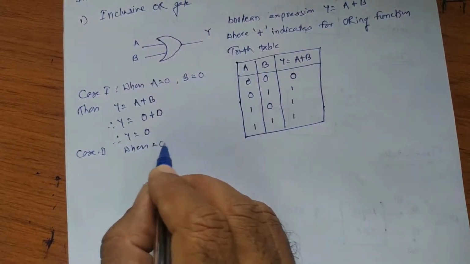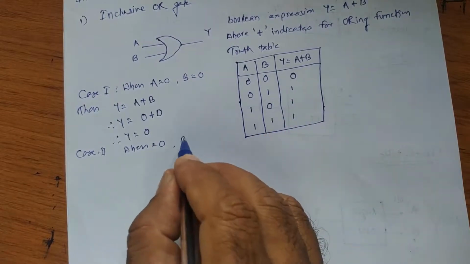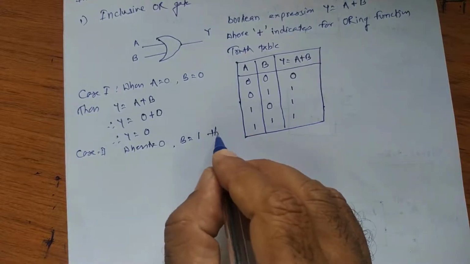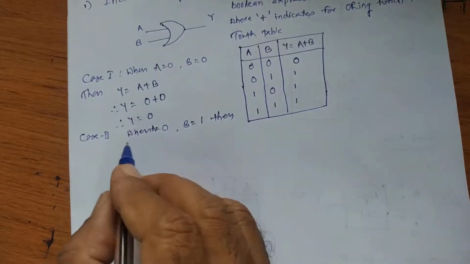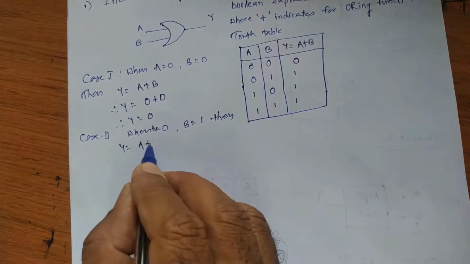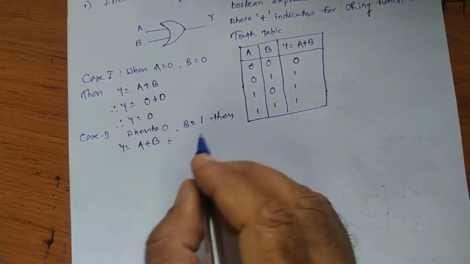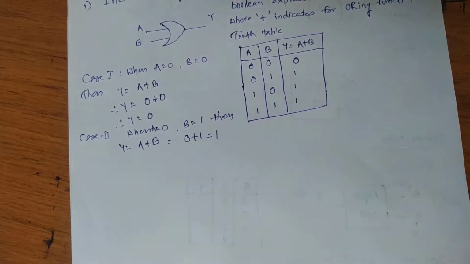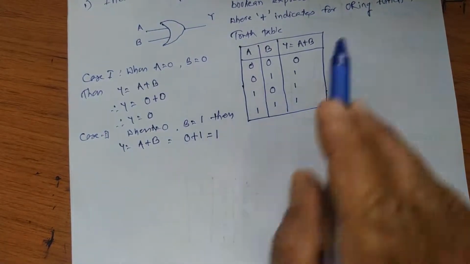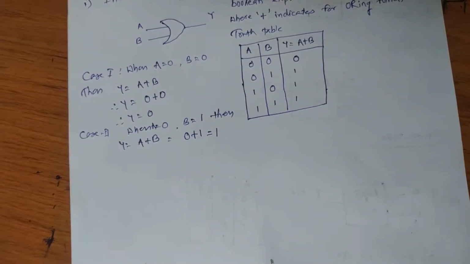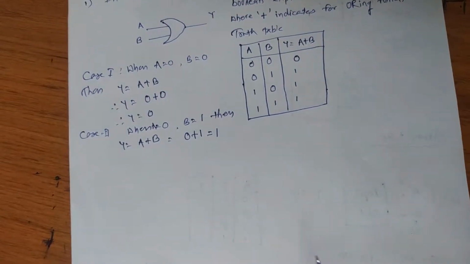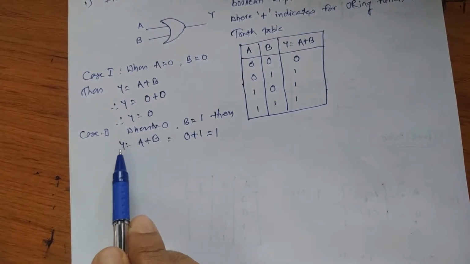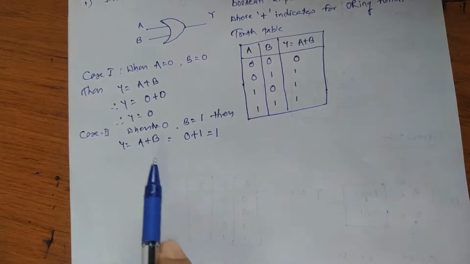When A is equal to 0, B is equal to 1, then Y is equal to A plus B is equal to 0 plus 1 is equal to 1. The plus sign indicates the ORing function. Y is equal to A plus B, or we also say Y is equal to A or B.